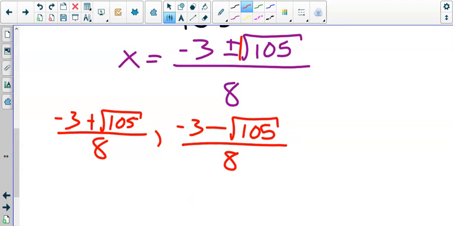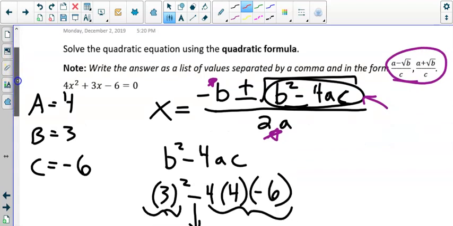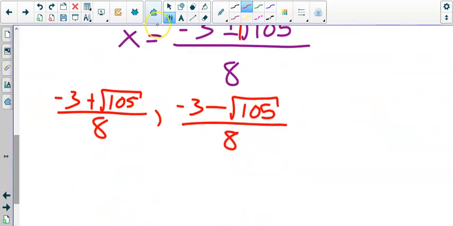And that's how they're going to want them. Okay? And it looks like they'll want the minus version before the positive version.